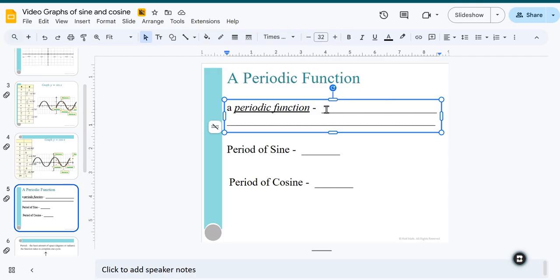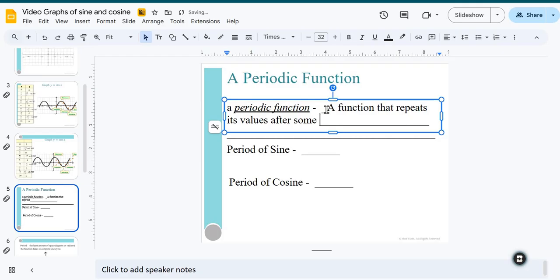So our definition of a periodic function is that it repeats its values after some definite period.